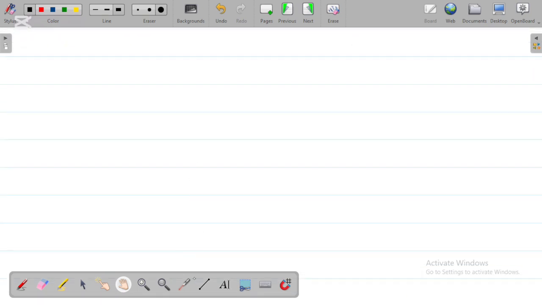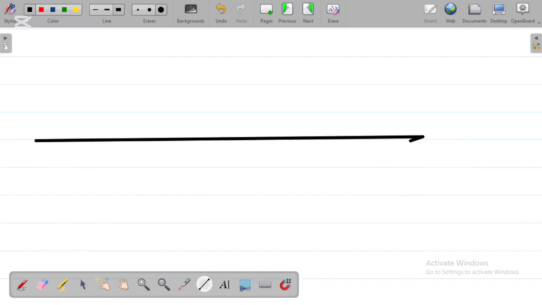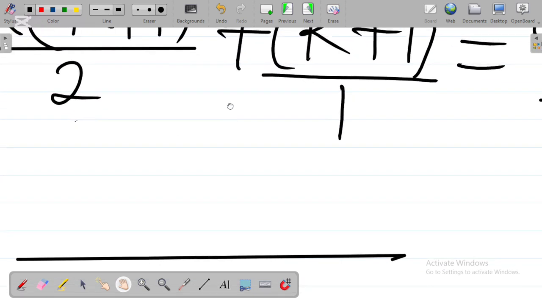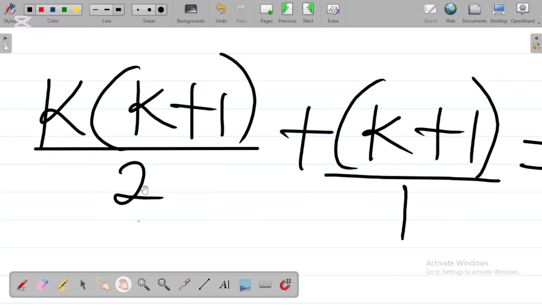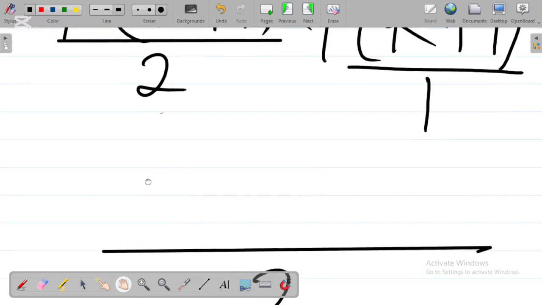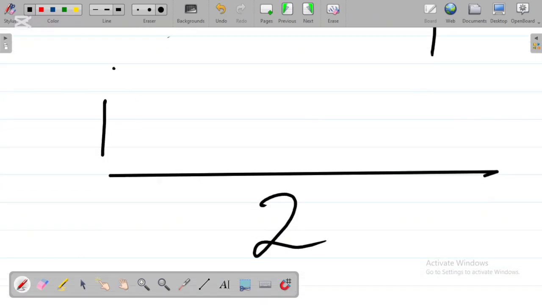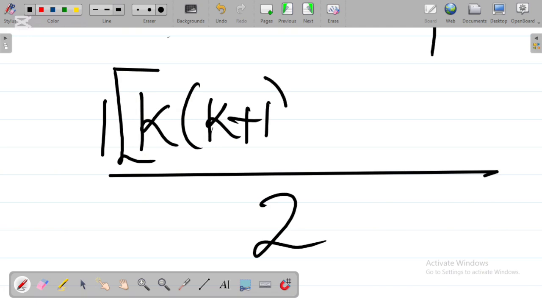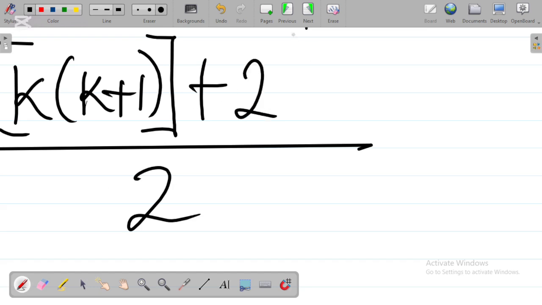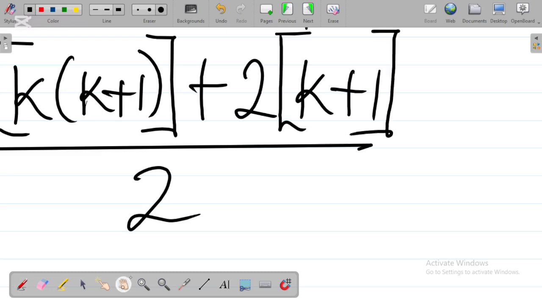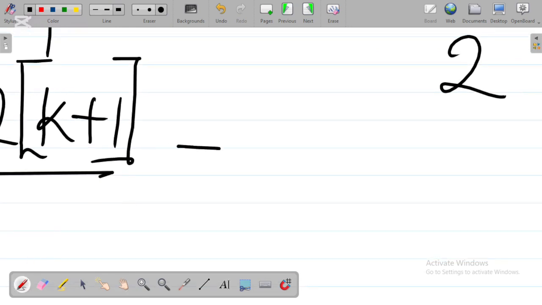So the denominator is 2 multiplied by 1, which is 2. 1 will multiply the numerator for 2, which is k open bracket k plus 1 close bracket, and then plus 2 will multiply the numerator for 1, so 2 multiplied by k plus 1.